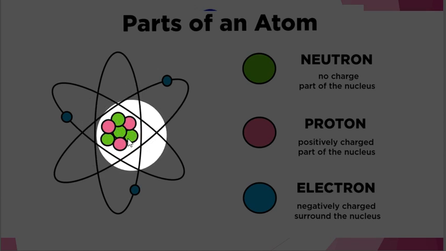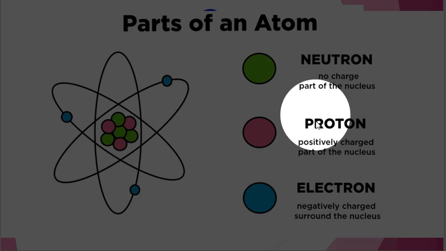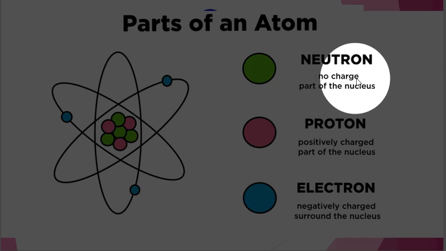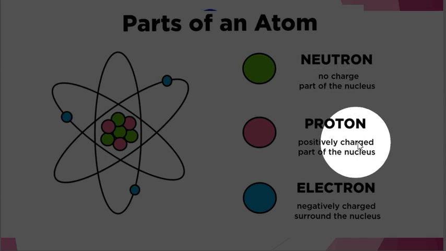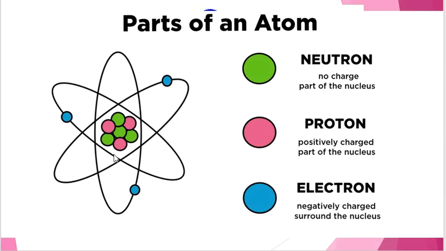Now inside this nucleus, children, there are two smaller particles. They are the neutrons and the protons. The neutrons carry no charge and they are part of the nucleus. Similarly, the protons carry a positive charge. Do not get confused with these terms as of now. They are new to you. You can just remember that inside the atom, there are some particles which are positively charged and some particles which carry no charge.